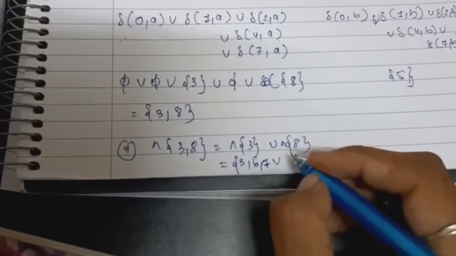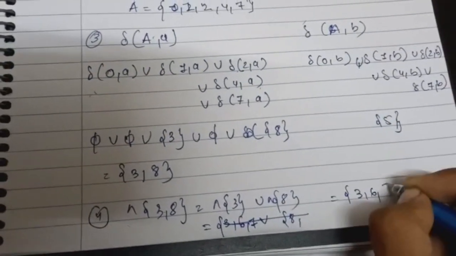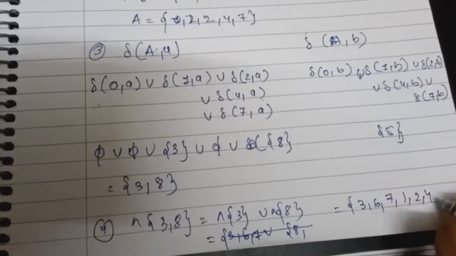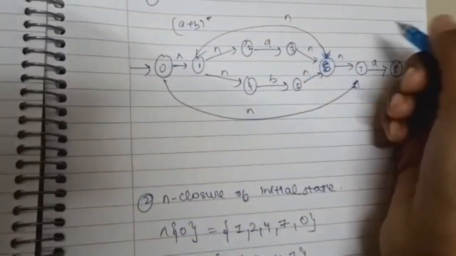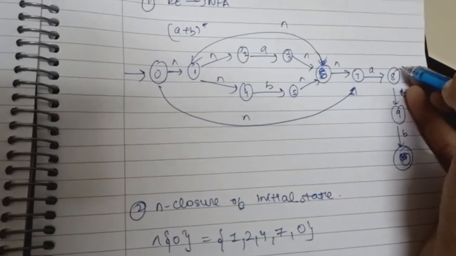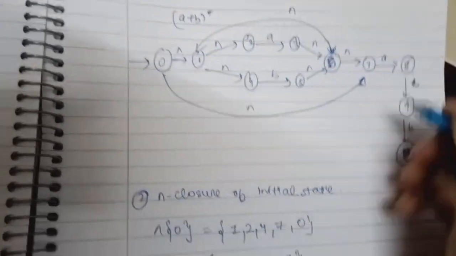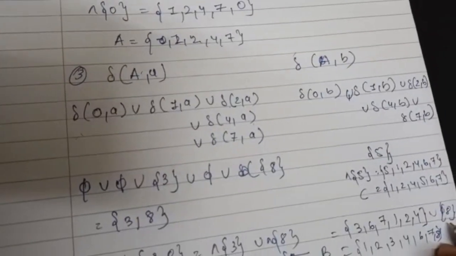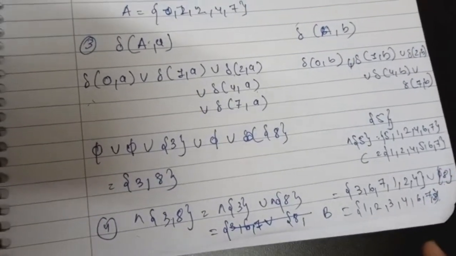And for 8, there is no null transition from 8. So the null closure of 8 will be 8 itself. So from union we'll get 1, 2, 3, 4, 6, 7 and 8.